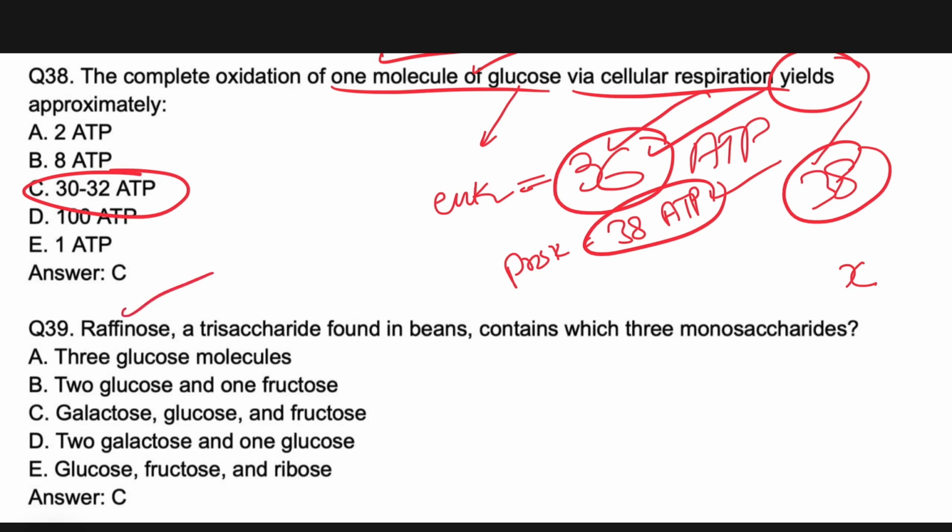Okay, let's talk about question 39. Raffinose, a trisaccharide, is found in beans, and you have to name the monosaccharides. Now this is not a very common sugar, but now that you have heard about it, remember that there is glucose, fructose, and galactose inside raffinose.